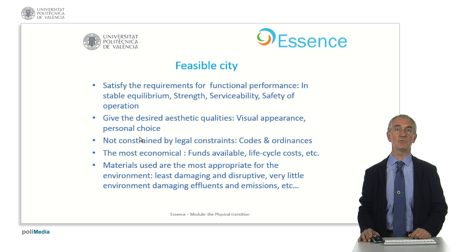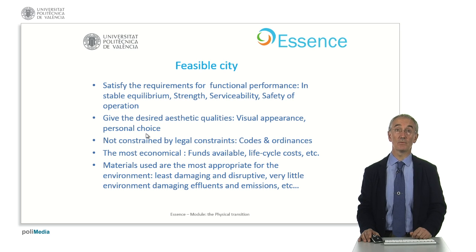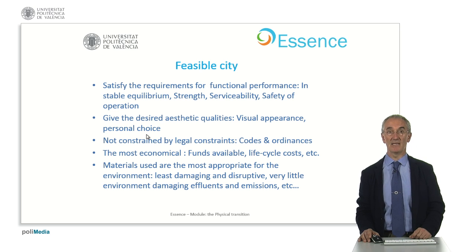The feasible city will satisfy the requirements for these functional performances, give the desired aesthetic qualities and solutions, and should not be constrained by legal codes or demands, because the codes should be following what is needed on the building. But again, this is something we cannot control.